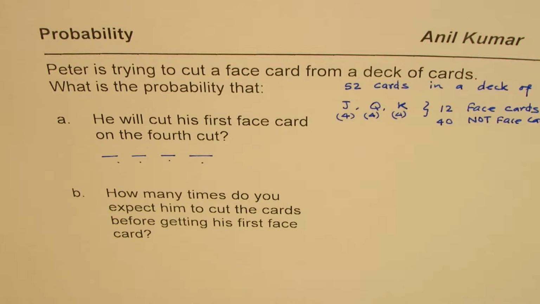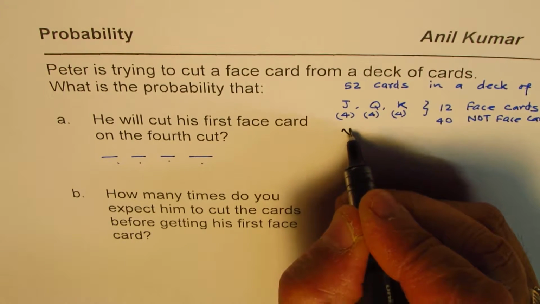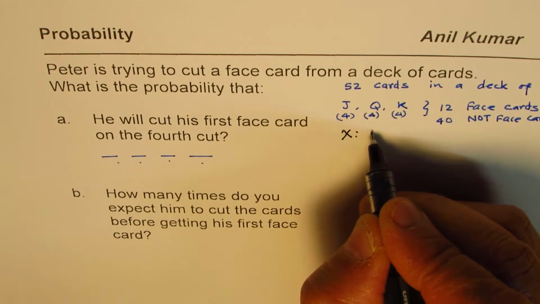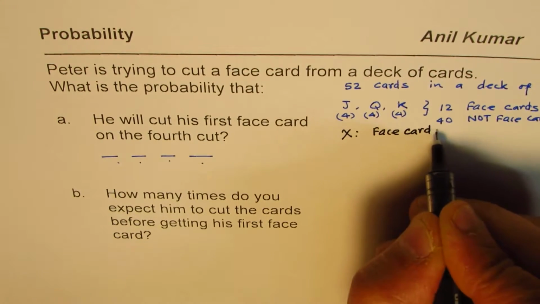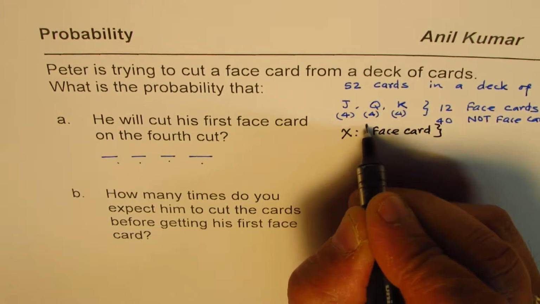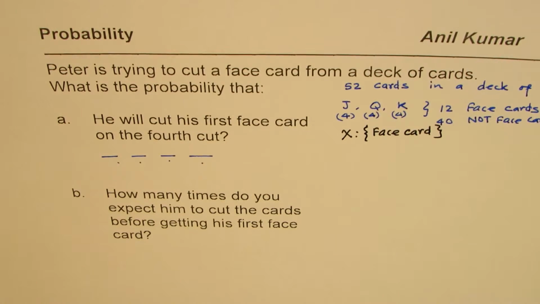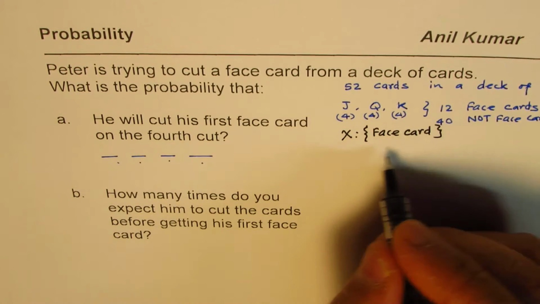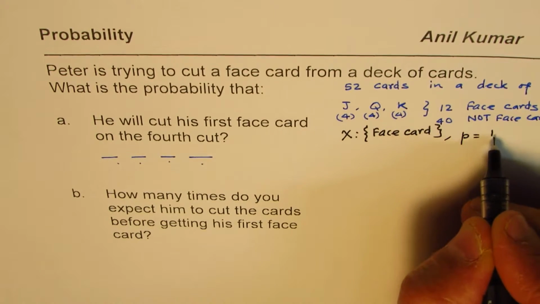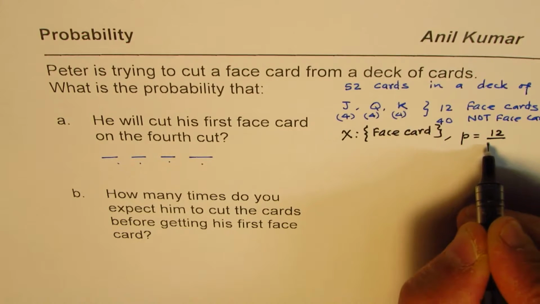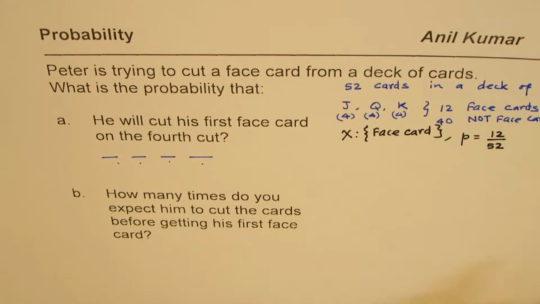In this case, let us define a random variable x as face card. If you get a face card, then it is success. Not a face card is not a success for you. Now probability of success in this case is, since we have 12 face cards, 12 over 52.